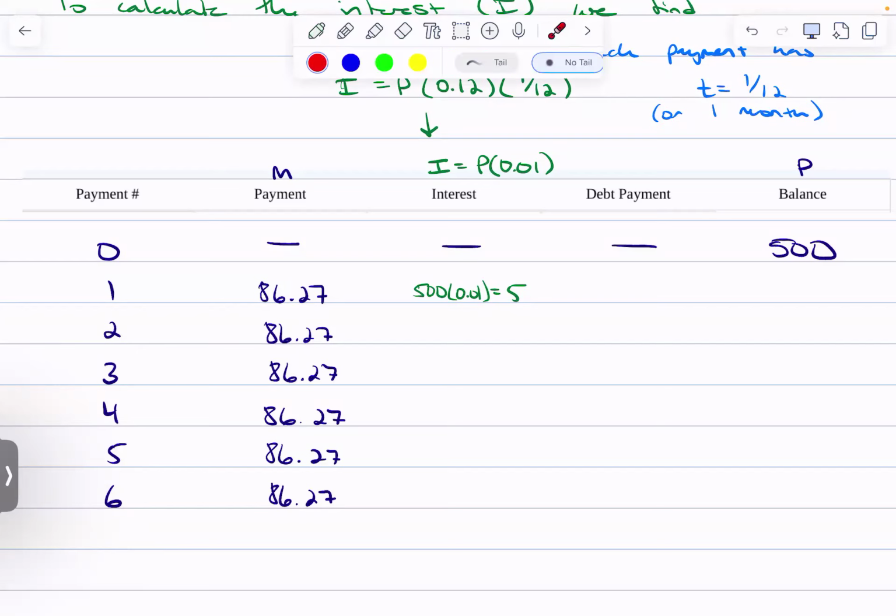Once they've taken their $5, you've paid $86.27, which means that $86.27 minus 5 is going to pay down your debt. So 86.27 minus 5 is 81.27.